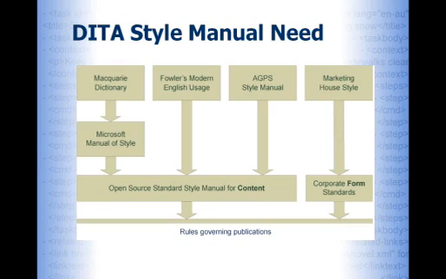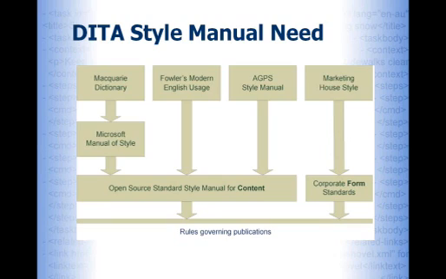So ultimately I thought the DITA Style Manual should be some sort of open source standard style manual that technical communicators agree to. And that's the ambition of the DITA Style Guide in the medium term. It will be moved into a wiki style of resource, hopefully a DITA-based wiki, and then the idea is it will become a community resource which will help it develop and go further.